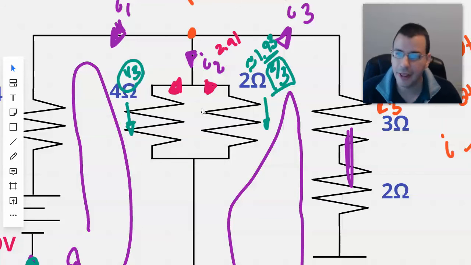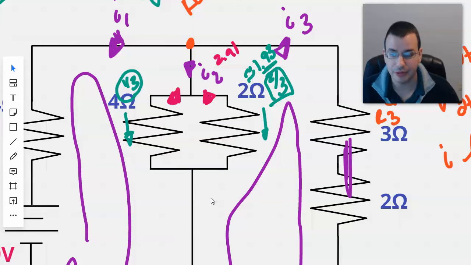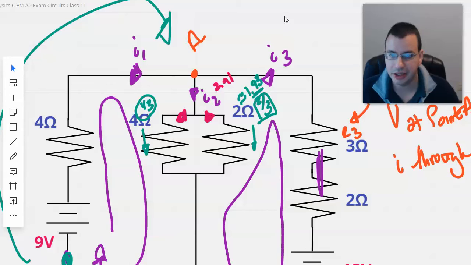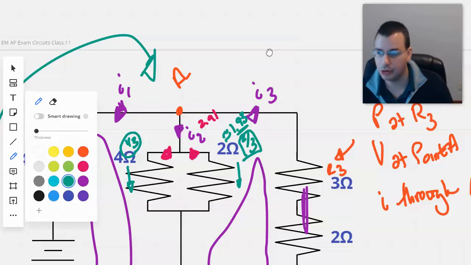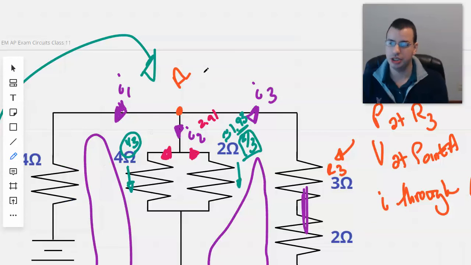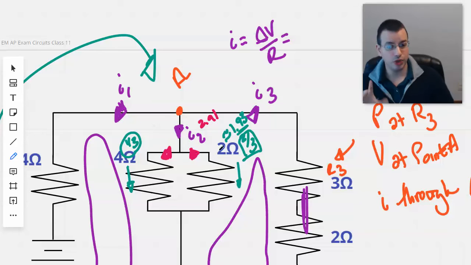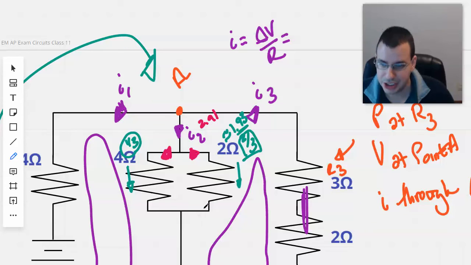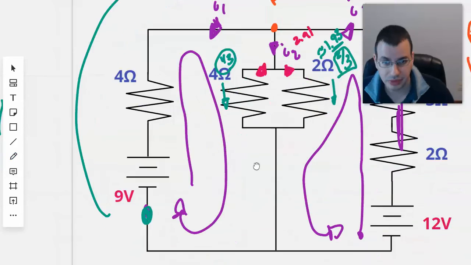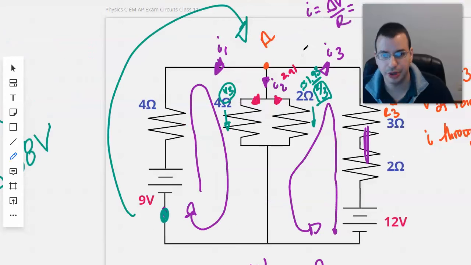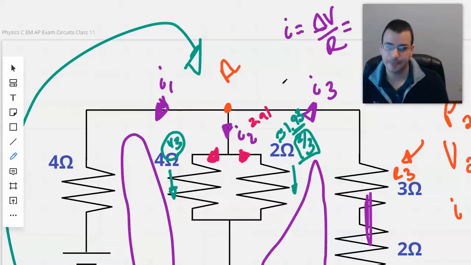But the way that I prefer to solve this one is we have Ohm's law, which is current equals delta V over R. We just figured out what the voltage is at point A. That's 3.88.